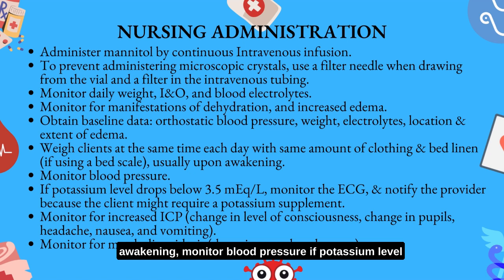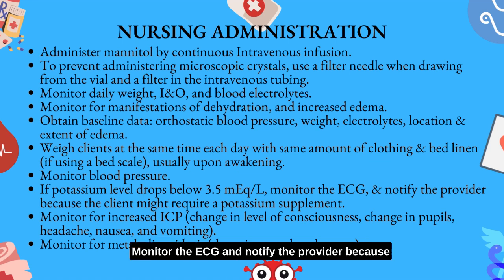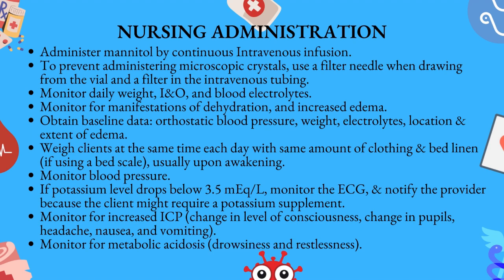If potassium level drops below 3.5 milliequivalent/L, monitor the ECG, and notify the provider because the client might require a potassium supplement. Monitor for increased ICP, change in level of consciousness, change in pupils, headache, nausea, and vomiting. Monitor for metabolic acidosis, drowsiness and restlessness.